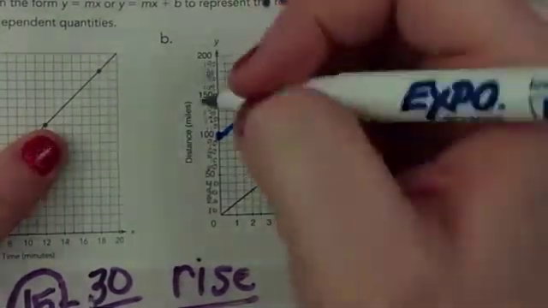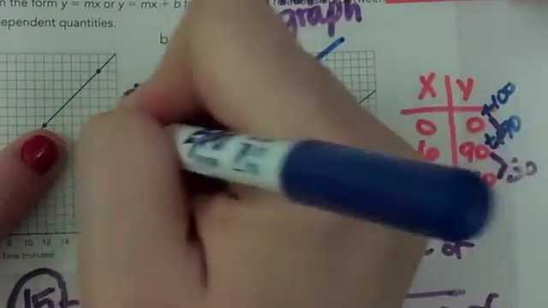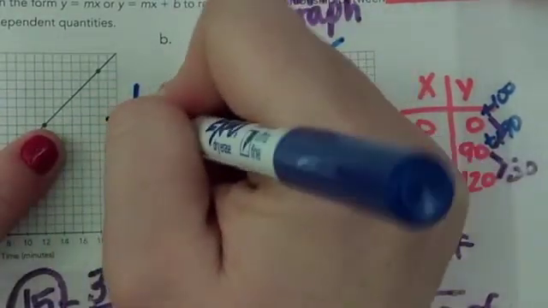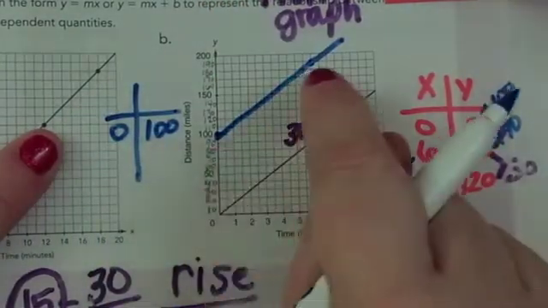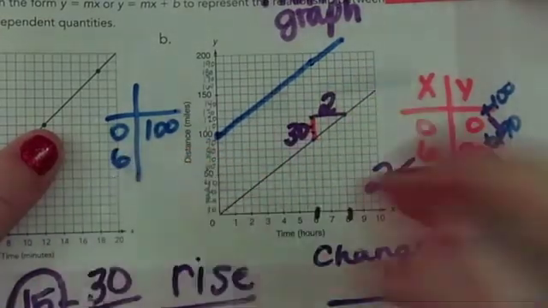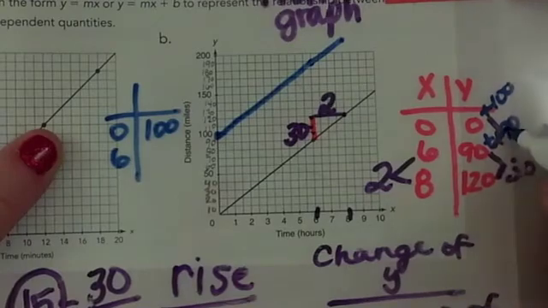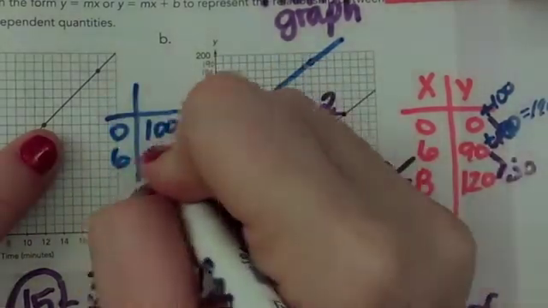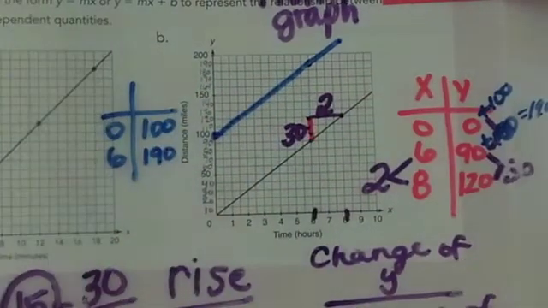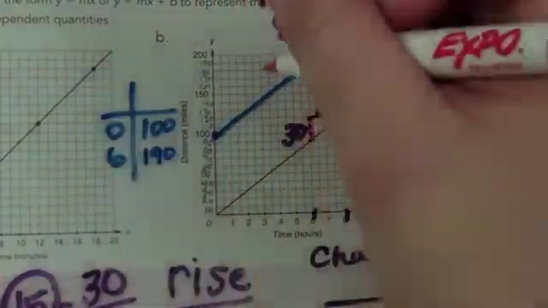Notice this one, our table would be 0, and it's 100 feet further up, and then it's at 6, and 100 feet further up. So 90 plus 100 is 190. Let's find our slope.